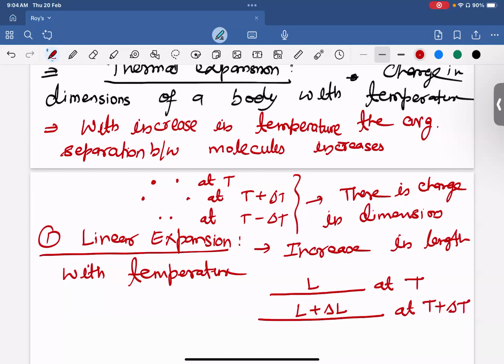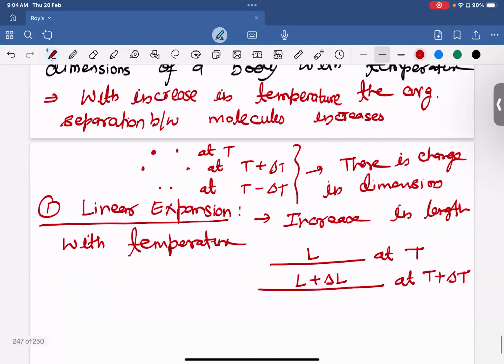Yes, sir. So here it says that delta L is proportional to the actual length of the string. How much will be the extension, how much will be the length increase, that depends upon two factors.